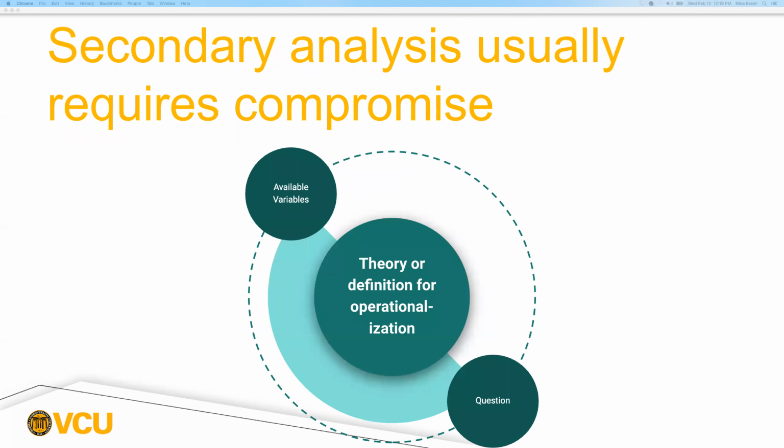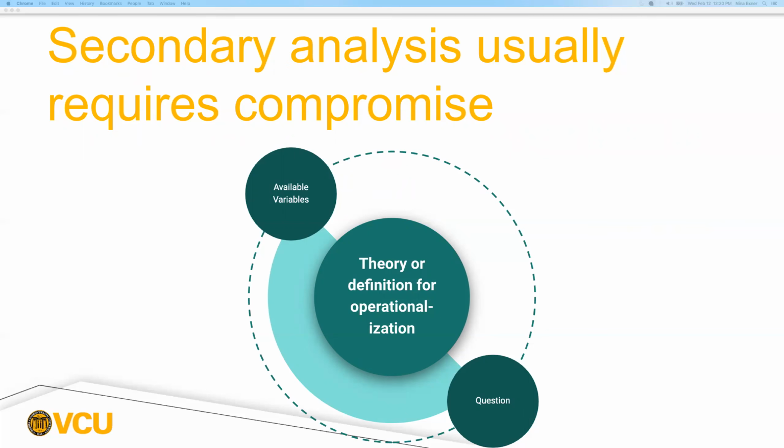So I mentioned the issue of changing your research question after you built a hypothesis from the variables, right? Secondary analysis, I already kind of said this, but I have to say it again. It usually requires some compromises. Your question and the available variables have to be balanced. You don't want to lose sight of your question of interest, but the variables usually won't be a perfect fit.